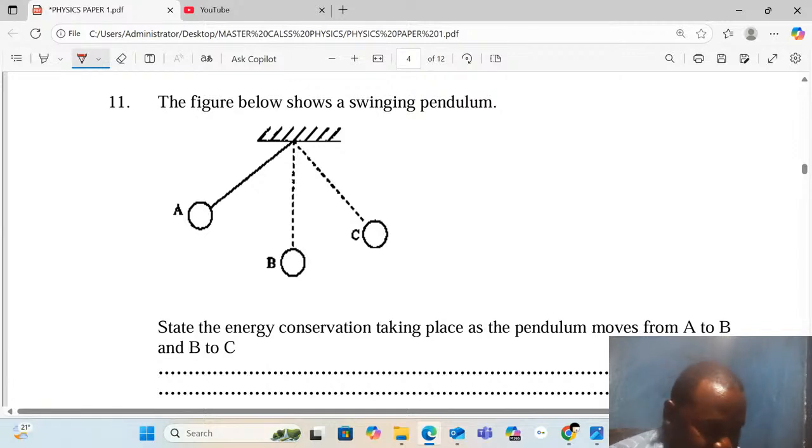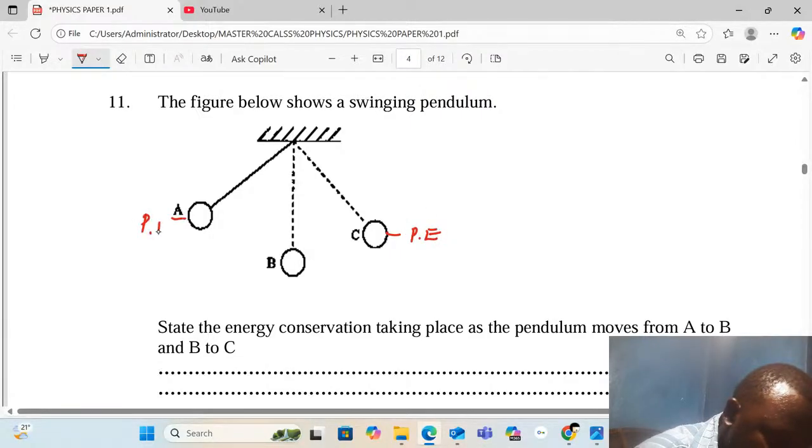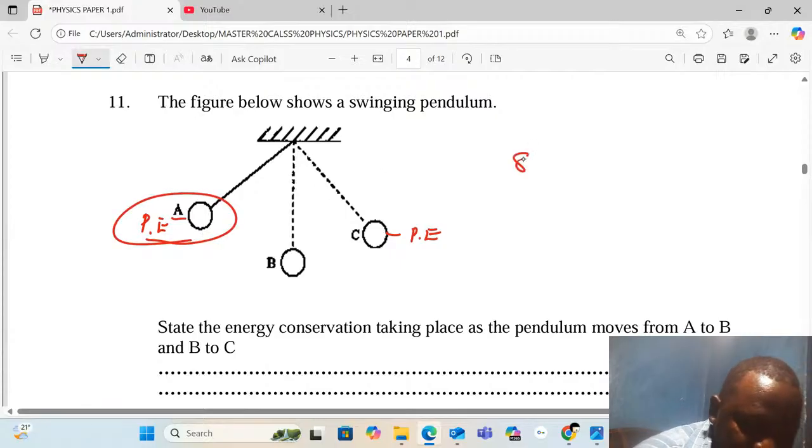And therefore, we do expect this one to possess potential energy. This one also possesses potential energy because it comes to some rest. Whereas at B, this is where we expect the body to be moving with maximum velocity.